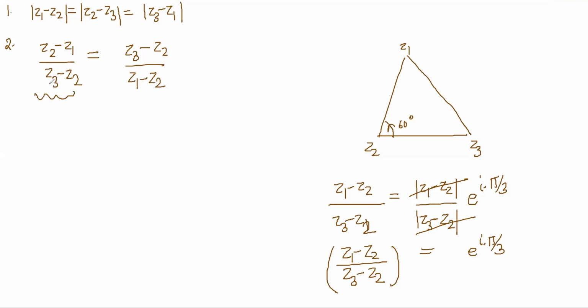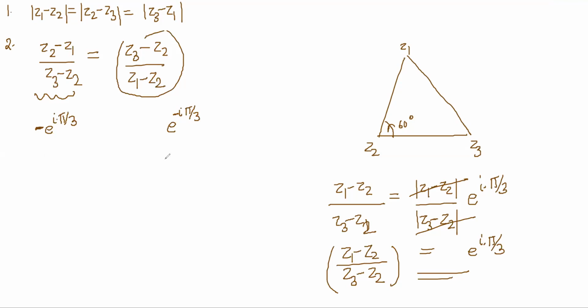On its own, this thing is becoming minus of e power i pi by 3, right? On its own, just think of this one, right? And this one becomes just the inverse of it, e power minus i pi by 3, right? So e power minus i pi by 3, is it the same? Doesn't look like the same.